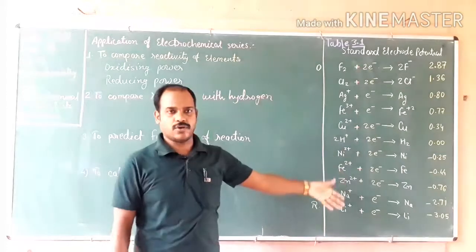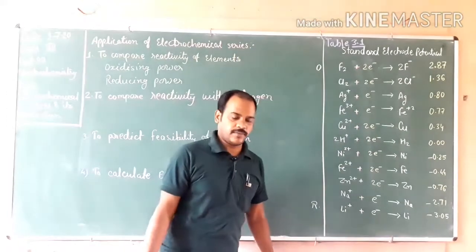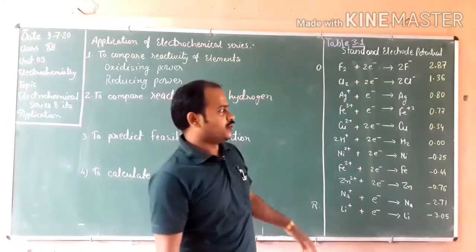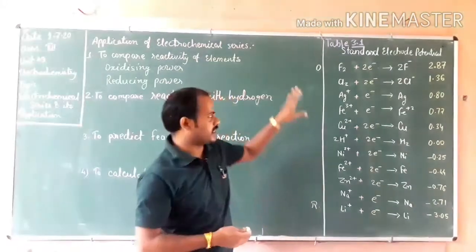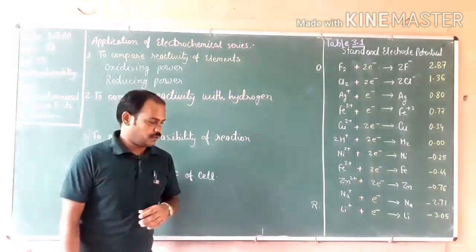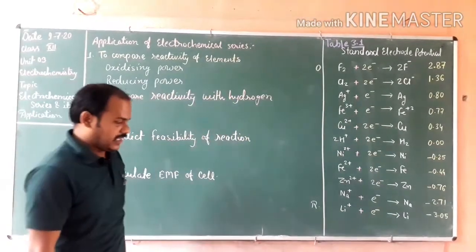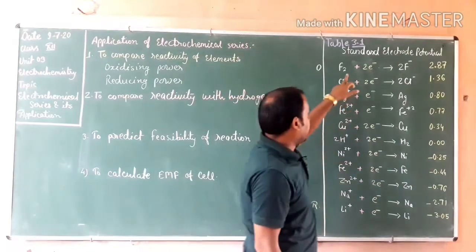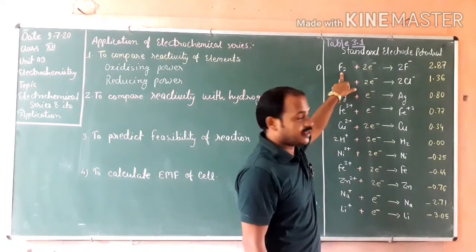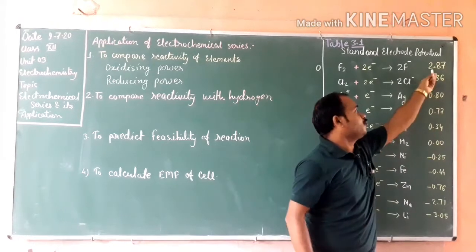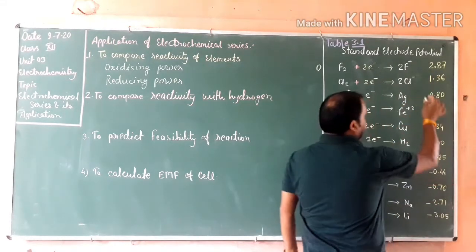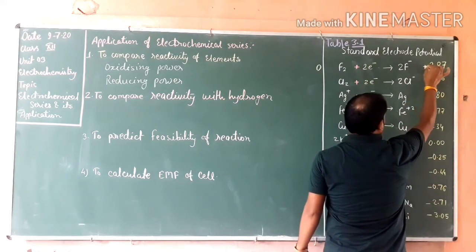Some more elements are also given in that electrochemical series in our book, but for our discussion I have selected some elements. So in this series you can see the electrode potential of fluorine, it is 2.87.